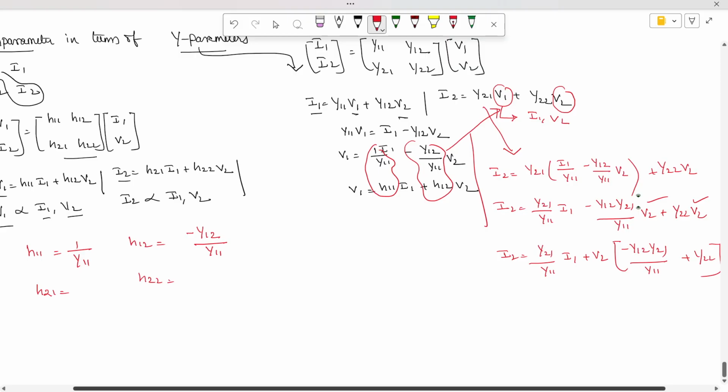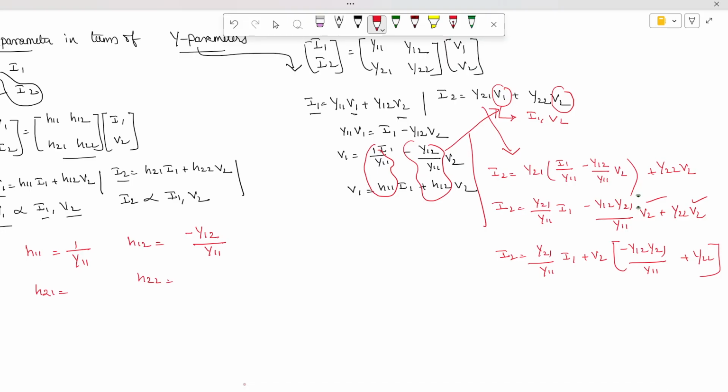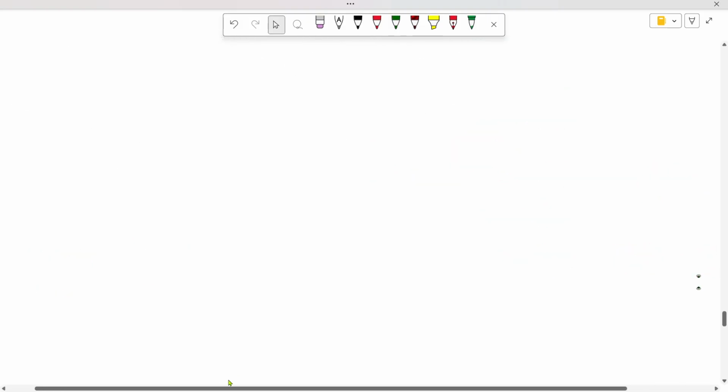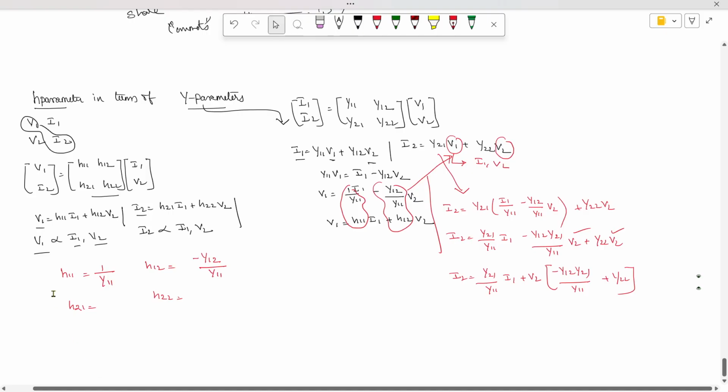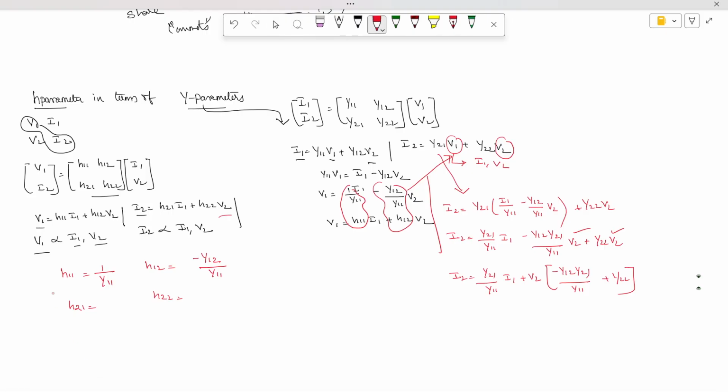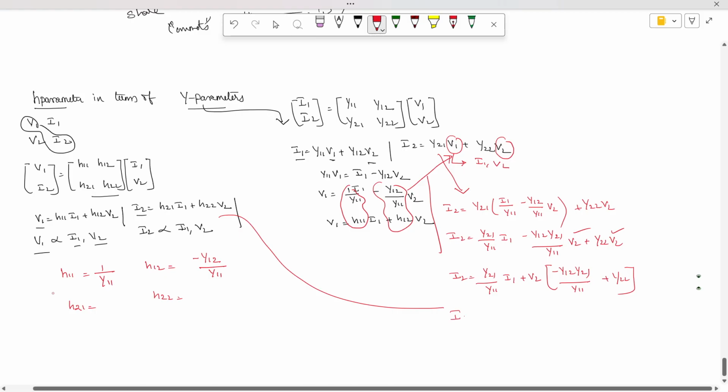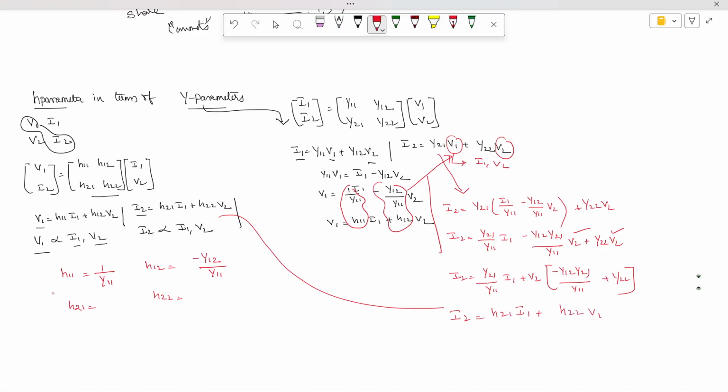So compare with the standard expression. The standard expression we have here is I2 is equal to H21 I1 plus H22 V2.